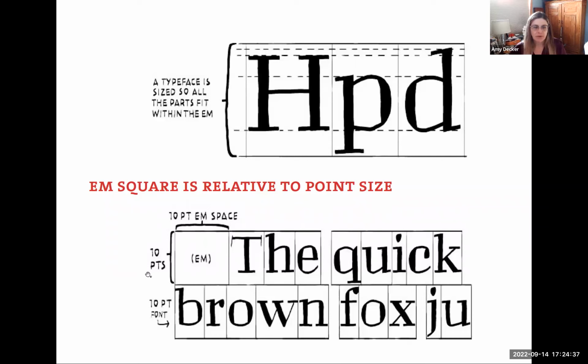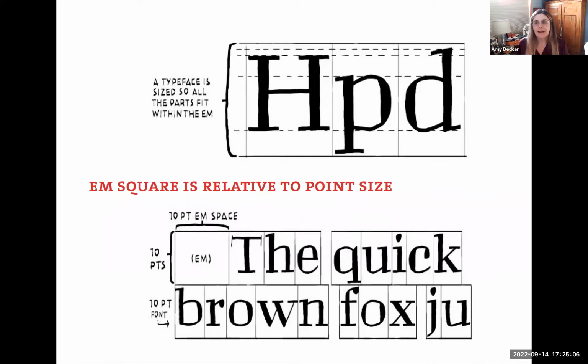So, for example, the 10 on 10 M means that, obviously, letters are all different sizes, so the whole letter form has to fit within that 10-point M space, height and the widest letter width. So the longest letter height, top to bottom, and the widest letter. Usually a W is closest to the M because the W is the widest letter form. So it's usually the width of a W and then the height of both an ascender and a descender.